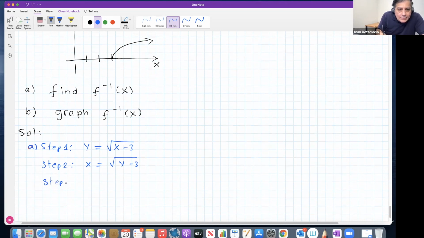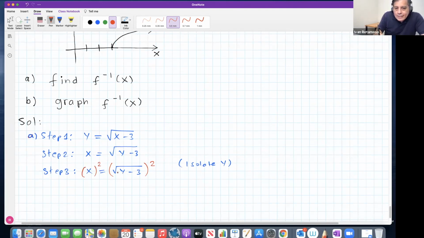Step 3, the longest step, isolate y. To isolate y, what should we do here? Well, notice I have a square root here. What would cancel this square root? Squaring, doing basically the opposite.